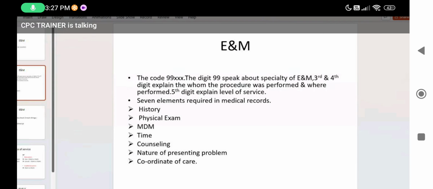Only when these seven elements are given in the medical report are we able to code the E&M. This is a book guideline. But guys, again I repeat, this is a book guideline. Maybe in future, if you attend any interview for E&M and they ask what elements are required, you have to tell all these seven.